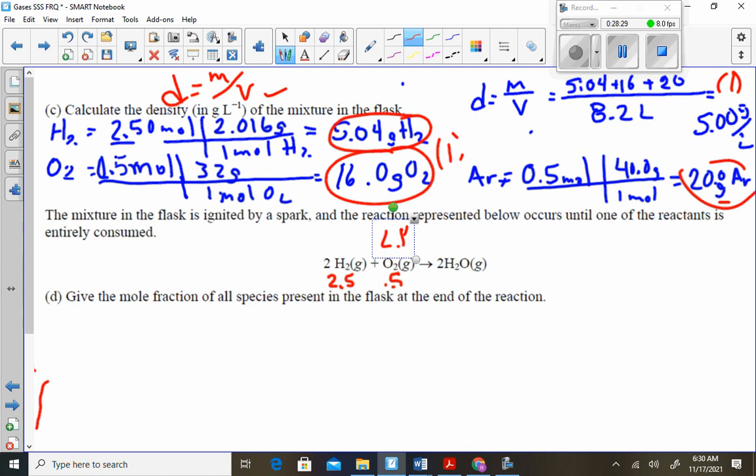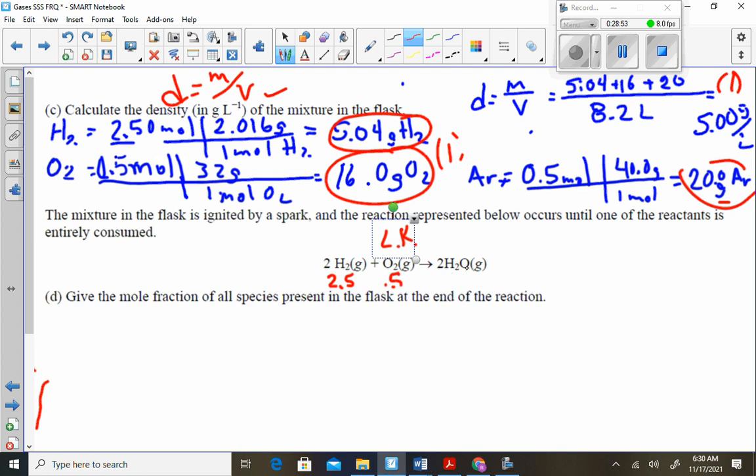We will have no more oxygen left, because for every 0.5 moles of oxygen that react, 1 mole of H2 will react, since 0.5 times 2 is 1. And so if half a mole of this reacts, we're only going to form 1 mole of water.